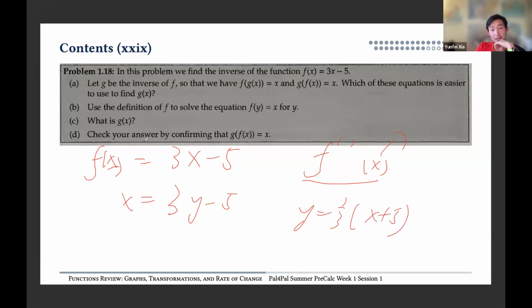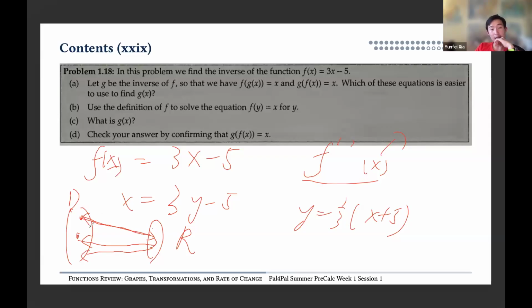But because it is the inverse, how about this? Let's go back to the mapping nature of f. This is the domain, this is the range. And every element here maps to an element here. So we want to find a relation that reverses all the arrows here.